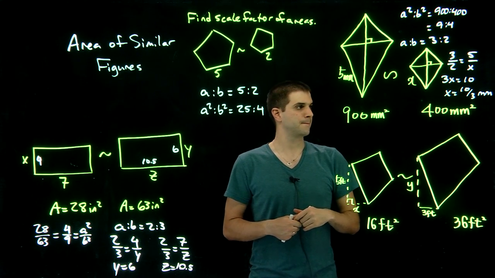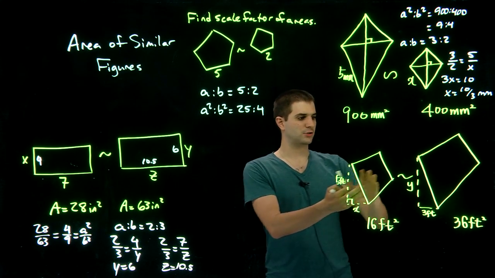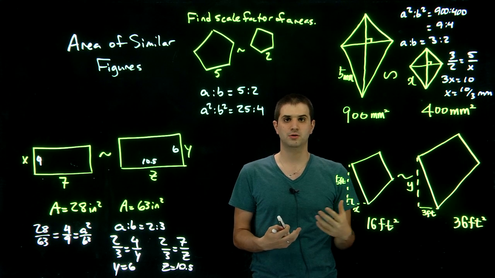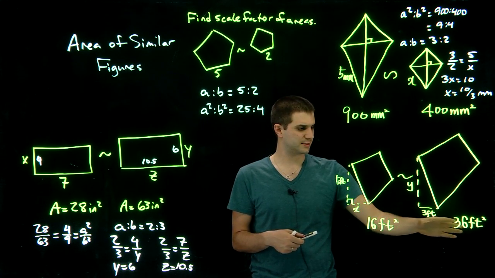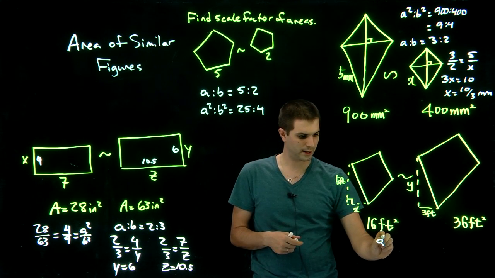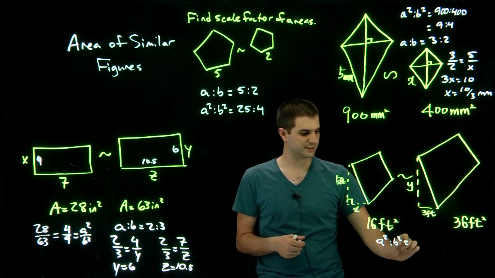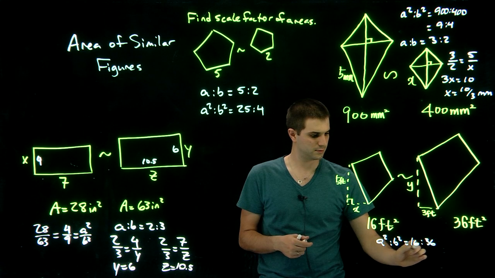Finally, coming down here, we have two quadrilaterals. We know that these quadrilaterals are similar. We see this scale factor here. a squared to b squared equals 16 to 36.